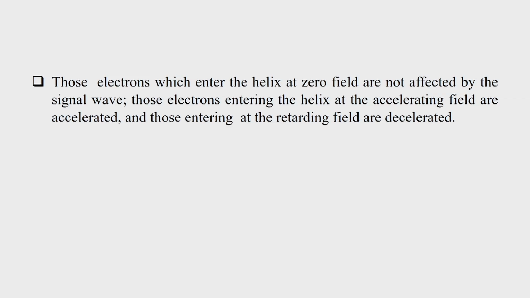Those electrons which enter the helix at zero field are not affected by the signal wave. Those electrons entering the helix at the accelerating field are accelerated, and those entering the retarding field are decelerated.